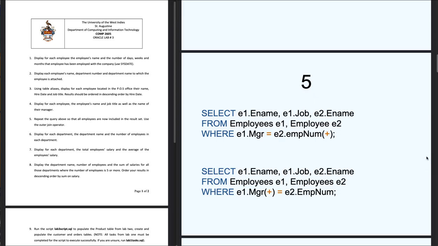So the two ways to do the outer join, one for the left outer join and one for the right, depending on how you want to include the non-managers.